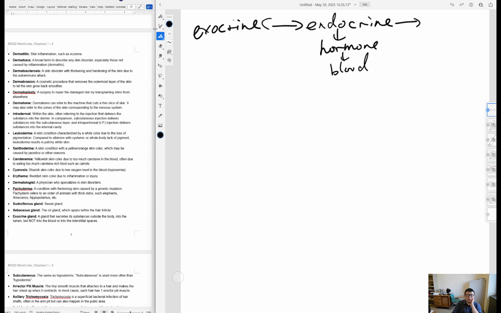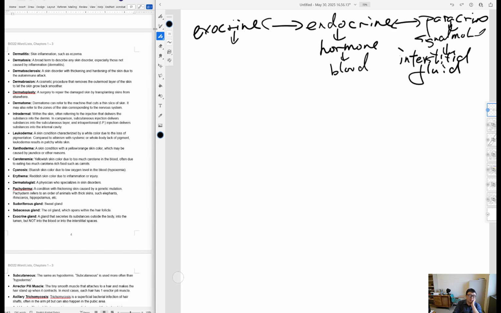And there's another thing called paracrine, to produce signal molecules to the interstitial fluid. And then exocrine produces many different things.